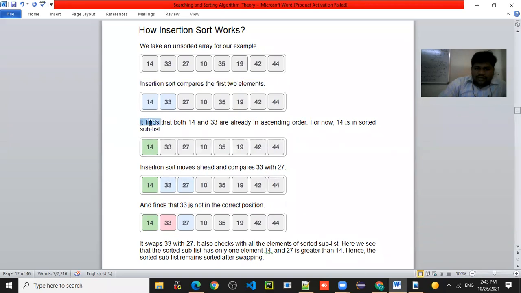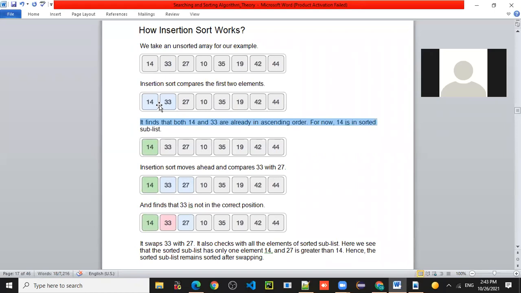We'll compare which is greater and which is less. Both 14 and 33 are already in ascending order, right? Is it necessary to apply sorting on this? No, sir. Already they are in ascending order.